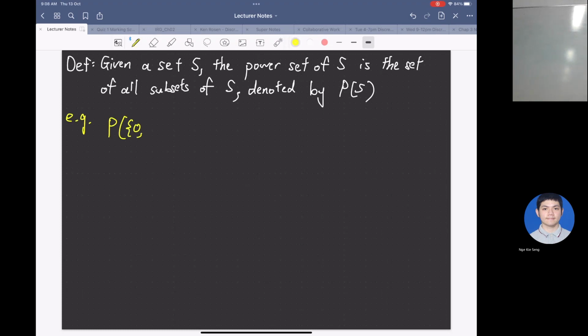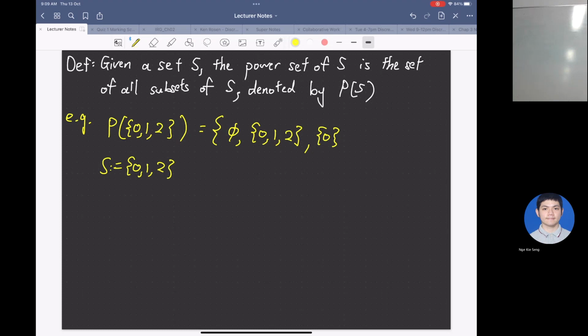For example, let's look at this set here. Let X be {0, 1, 2}. We proved last week that every set contains the empty set and the whole set as subsets. So we must have at least 2 elements here. How about the set containing 0? The set containing 0 is a subset of X, right?